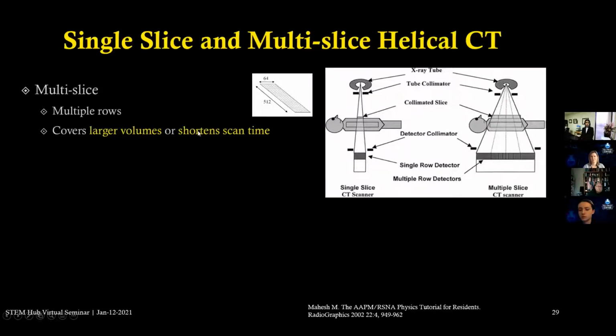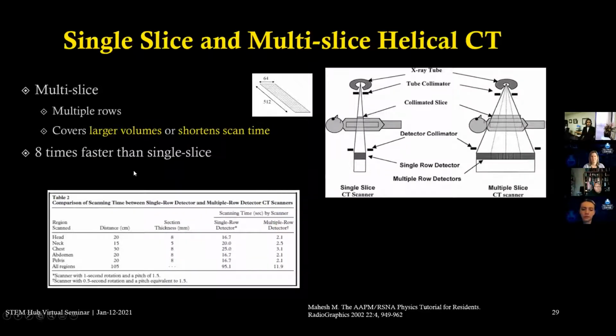This also covers larger volumes with the multi-slice detector, and it shortens the scan time. This was old, but it decreased the acquisition time by 8 times. But nowadays you have more like 256 or 320 detectors that greatly reduce your acquisition time to sub-seconds.